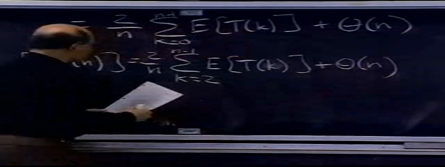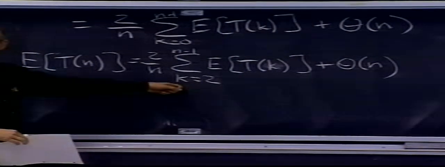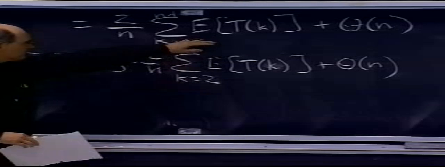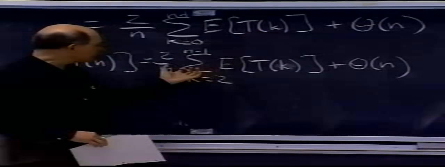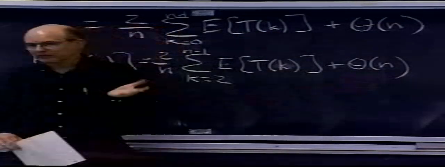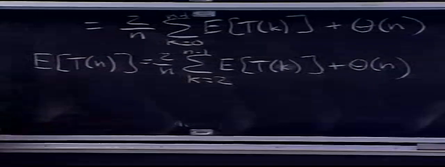That is, I've dropped the k equals 0 and k equals 1 terms. And why can I drop those? Those are terms where I have the expectation of T of 0 or the expectation of T of 1, and those are constants. So I can take those and put them into the theta n. That's a technical convenience, because it'll simplify the math that's coming.